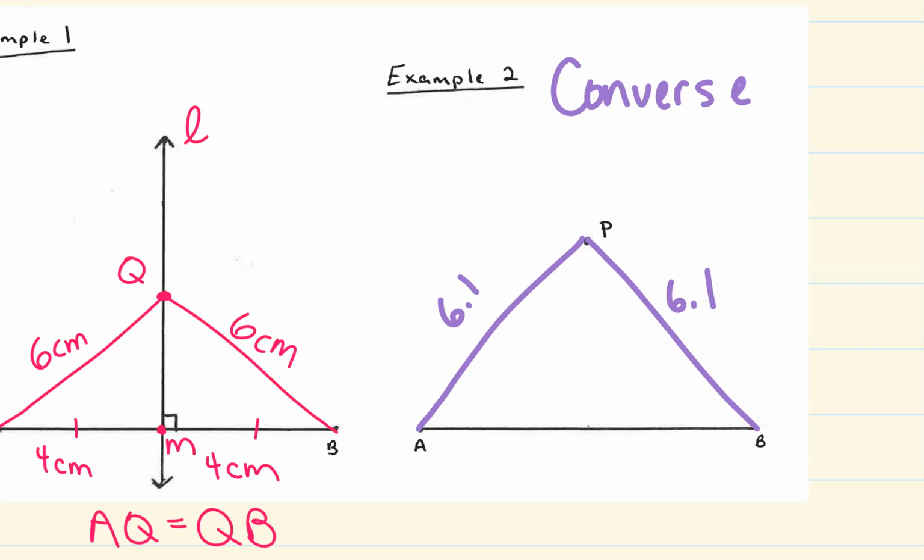So we should be able to draw a line that's perpendicular to AB that goes through point P and bisects AB. So if you draw a line that's perpendicular that goes through point P, you should find that AM and MB are the same length.